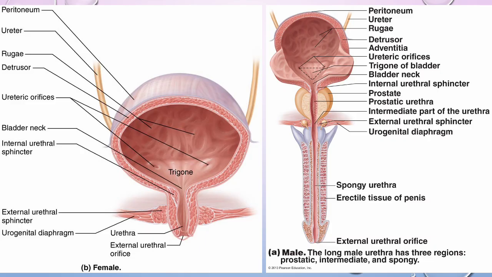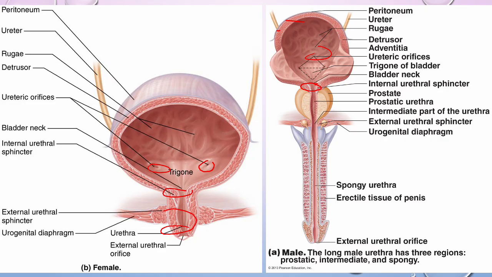Now we see the difference, female structures on the right, male structures on the left, okay? As we can see, we have similar structures to some degree. We have a bladder in both cases. We have rugae. We have an inner layer, a middle layer, and external layer. We all have urethral orifices, and we both have internal sphincters and external sphincters, meaning involuntary and voluntary.